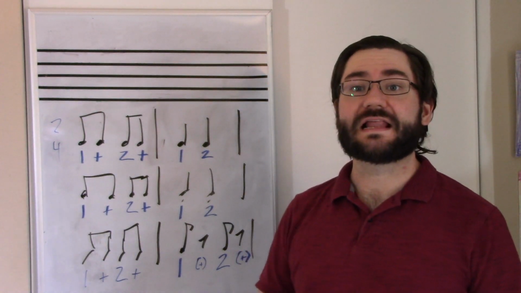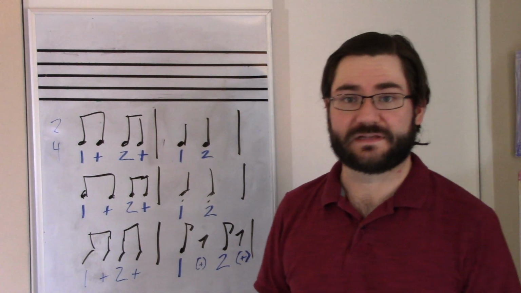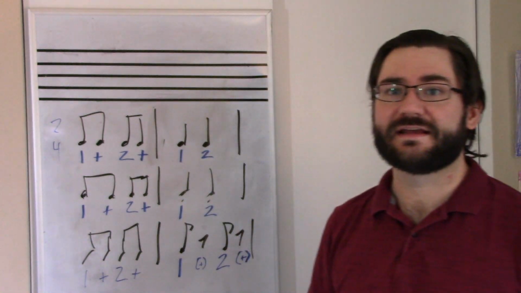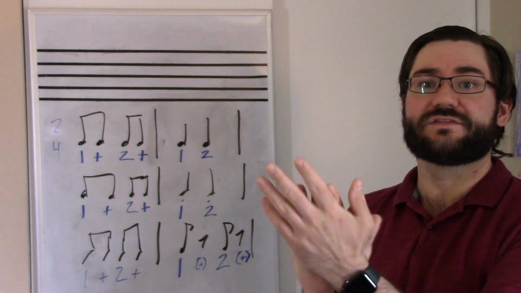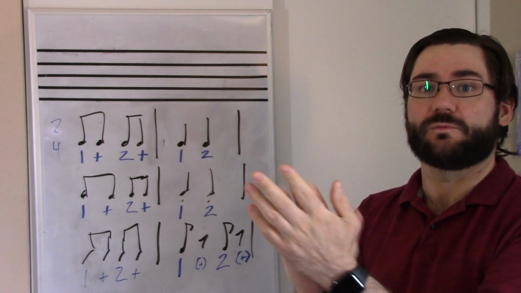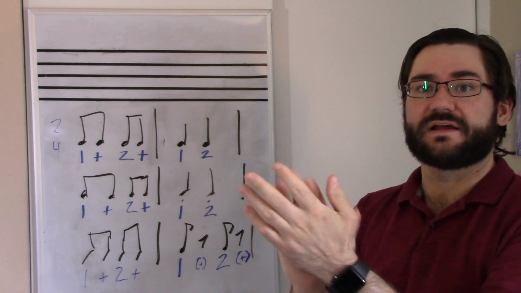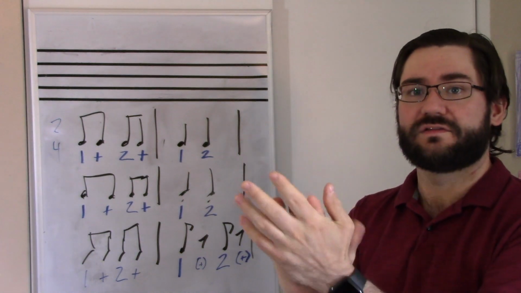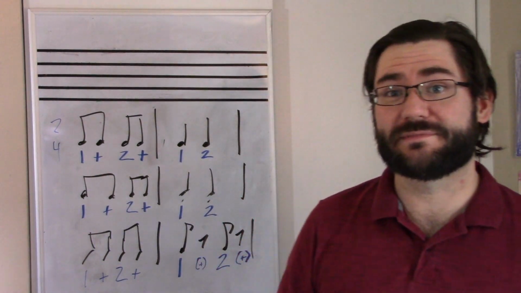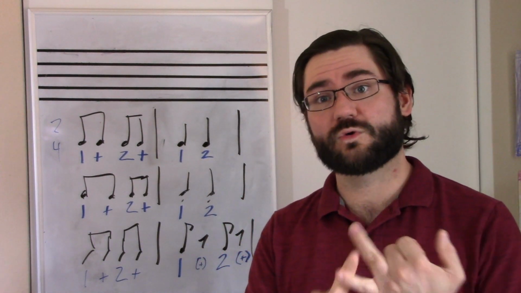Now let's try clapping them together. Here we go. 2, ready, and 1 and 2 and 1, 2. 1 and 2 and 1, 2. 1 and 2 and 1, 2. They all sound pretty much the same when you count or when you clap.